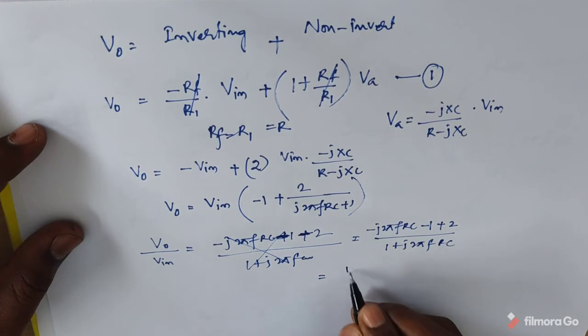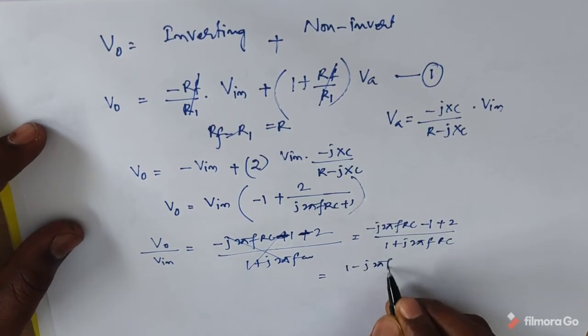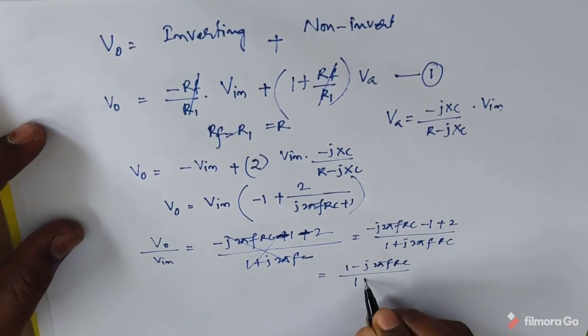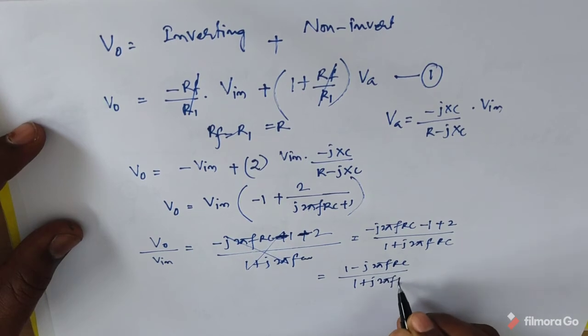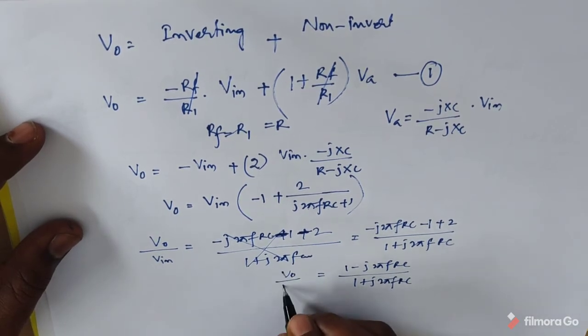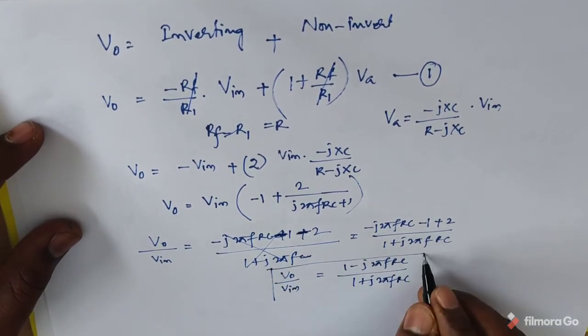So simply that is (minus 1 minus j2πfRC) by (1 plus j2πfRC). That is the actual V0 by Vin.